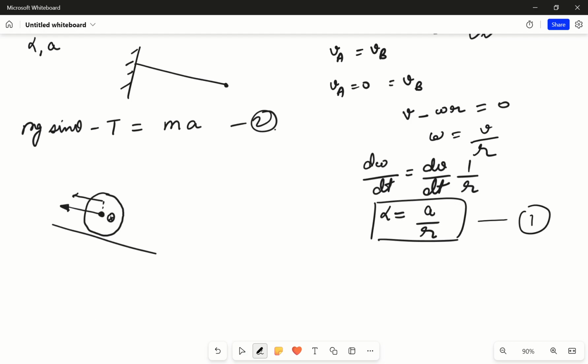The only force that is causing this spool to rotate, or giving an angular acceleration to this spool, is the tension force, right? So we can write T into R is equal to I into alpha. This is the torque equation.